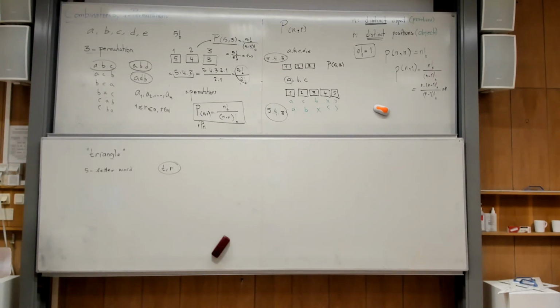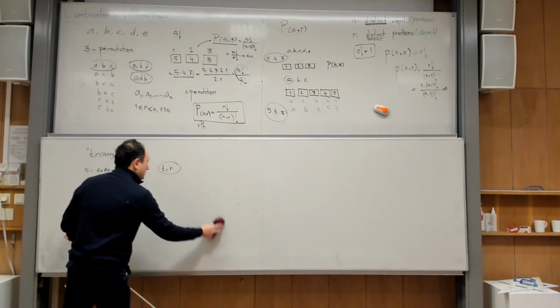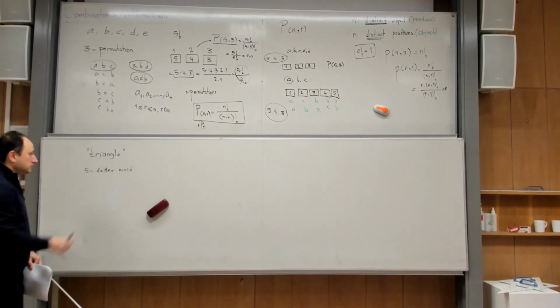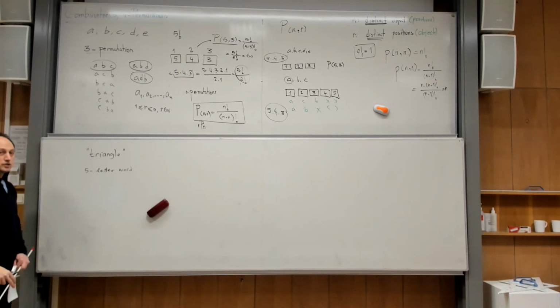So the question is that I have this word triangle. How many letters are there? 1, 2, 3, 4, 5, 6, 7, 8. My goal is to make 5-letter words. Let me solve it without any constraint first. How many 5-letter words are there?